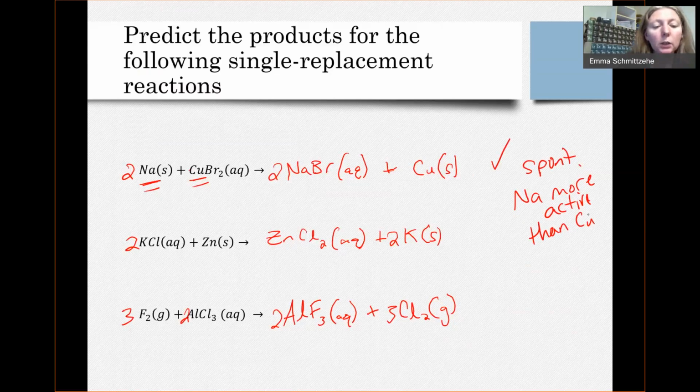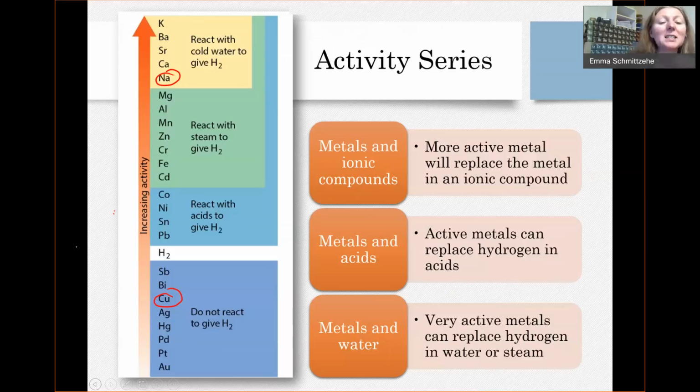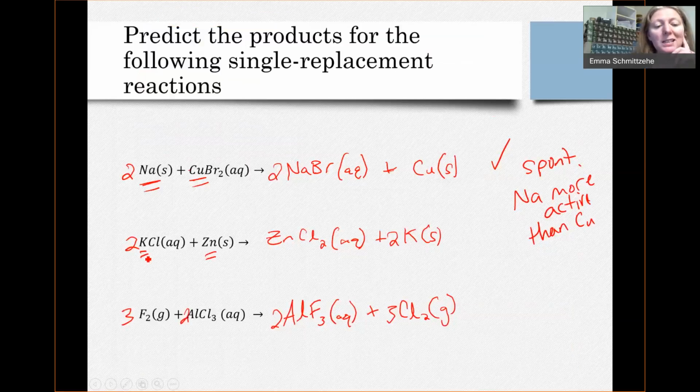And then we can look at this next one. We've got potassium and we've got zinc. So let's find those. And so if we look at potassium and zinc, let's see, oh, there's zinc. So potassium's higher up. So potassium is more active. And so if we look at this, well, here, potassium's already in the compound.